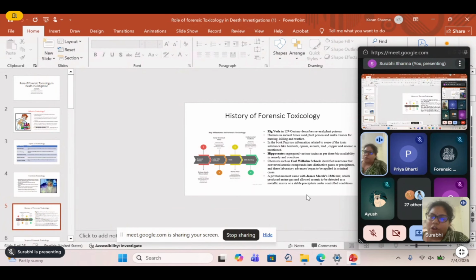Hippocrates was one of the scientists who told about the availability of these poisons and their remedy and their overdose also. Then in the papyrus book, we have many substances, that is hemlock, opium, aconite, lead, copper, arsenic, etc., which is mentioned in that book as toxic.